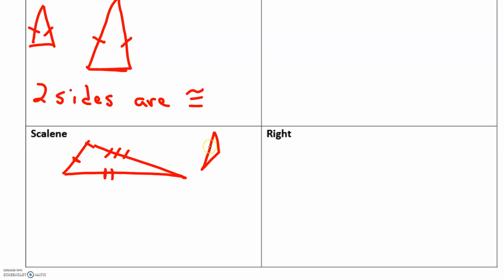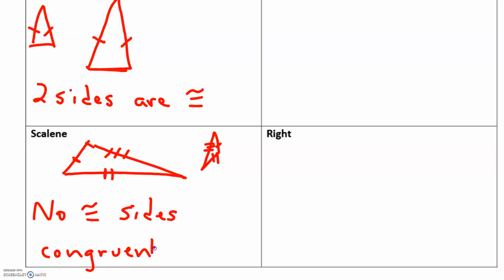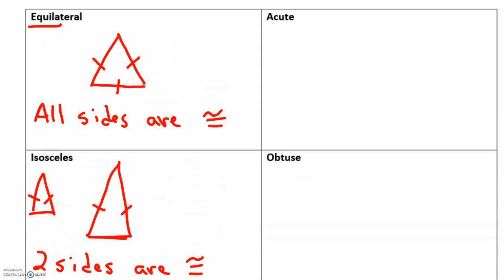Each side is a different measurement. So a scalene triangle has no congruent sides. Again, this is the fancy symbol for congruent. I'll write that word down too for you, congruent. It means the same measure. Okay, that's it for the sides.